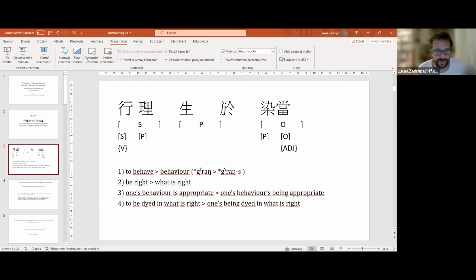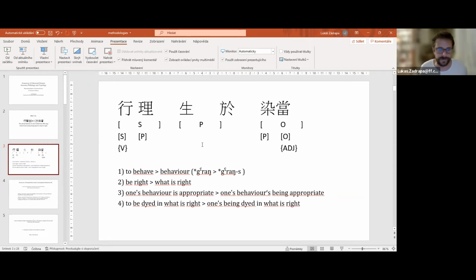One's behavior is principled, let us say, and Randang is to die in what is right. So these are predicative phrases or clauses, but this functions as a subject, and in a sense they must be nominalized. But this kind of nominalization is the least prominent one, one would say.